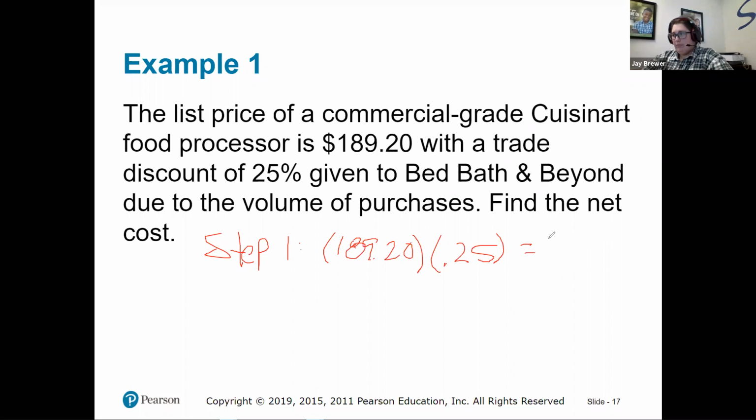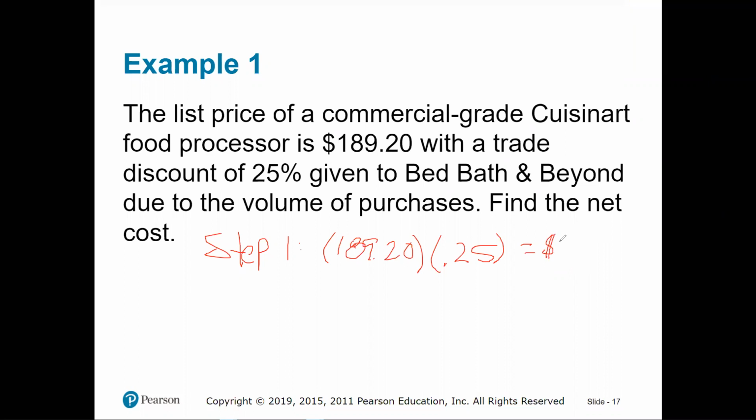I have to grab my calculator. I'll be right back. Okay. I got $47.30. That's what I got.